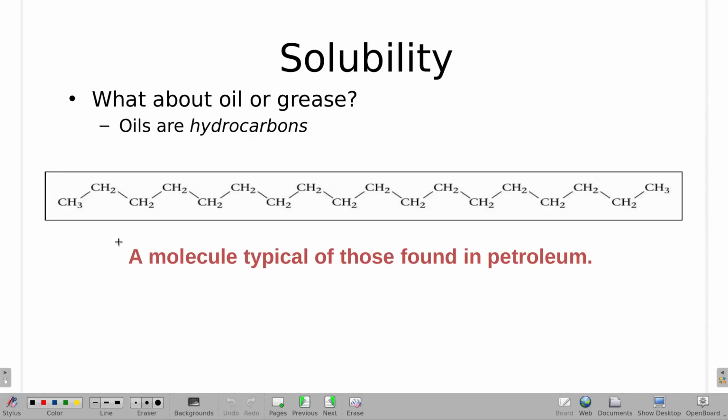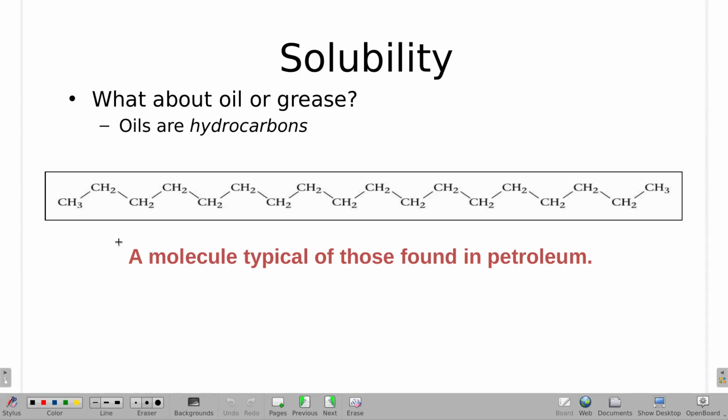It's very much more likely to separate out, actually. All right, so how about this? Would we think something like this would be soluble in water? No, that's actually just a petroleum product right there. That one is probably not even found in gasoline. Might be found in diesel, but it's probably too high for that. That would probably get broken up into something smaller before it gets used as an oil.